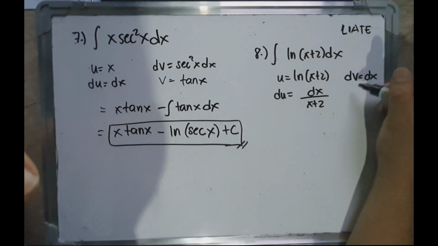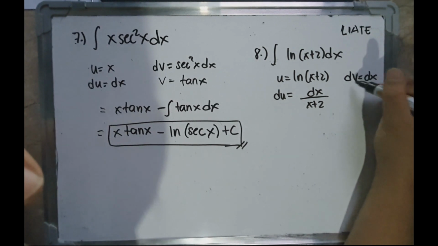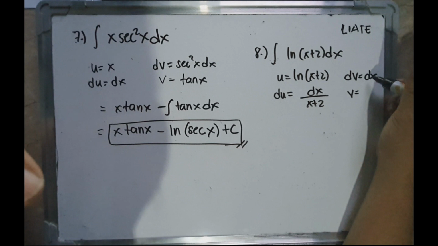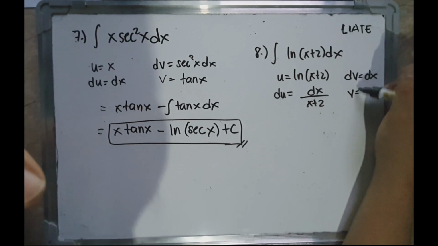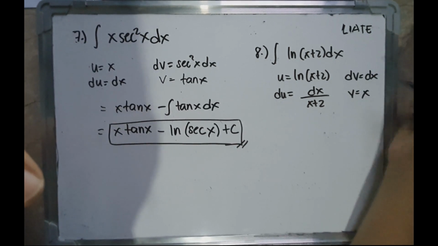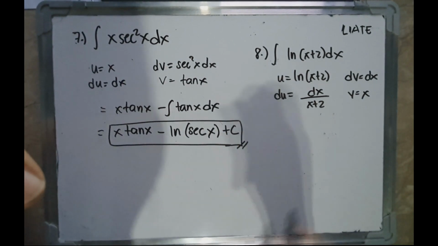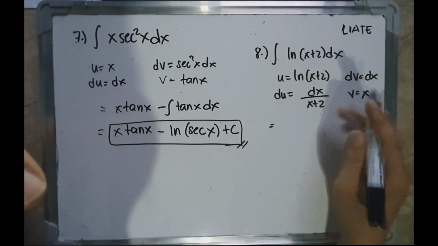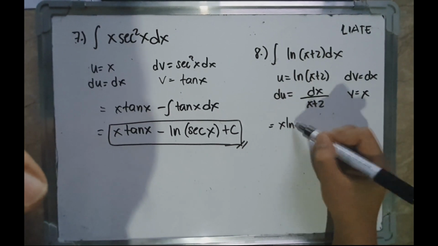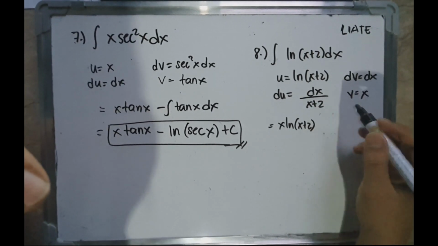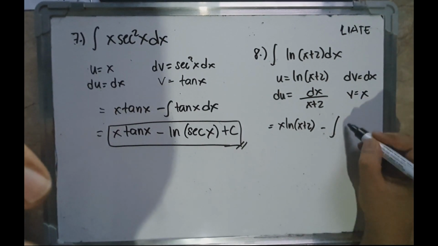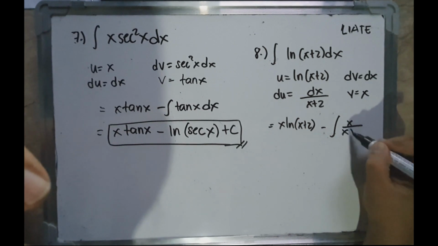And the integral of dv, this will be equivalent to x. So we now have u times v, x ln of x plus 2 minus the integral of v, and we have the du.